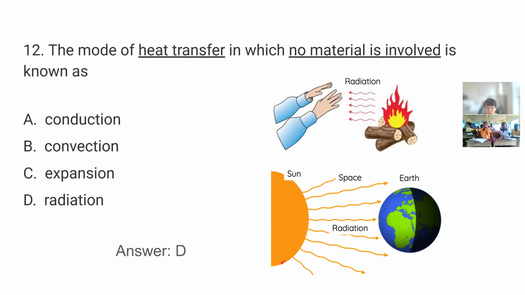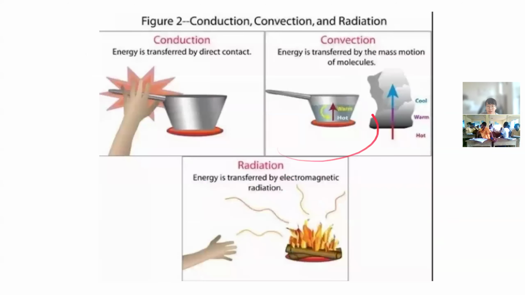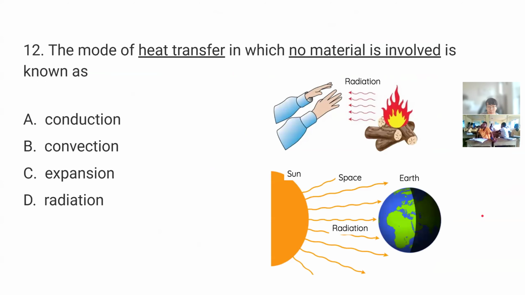We just had an example of the sun radiating energy through space. Space is empty, there's no material in space, but radiation is still able to reach Earth. The other options, conduction and convection, both involve direct touching or materials in between. Convection involves water or air, but radiation does not.